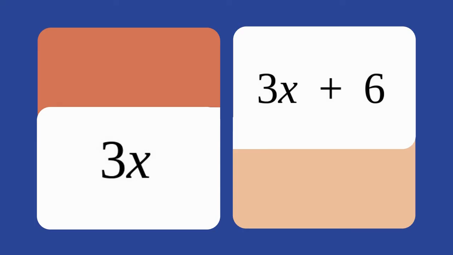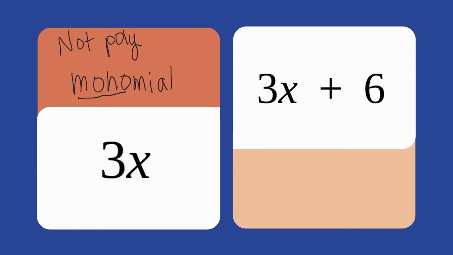So we have these two examples here. This first one is not a polynomial. And we actually call something that has only one term a monomial, because the prefix mono actually means one.